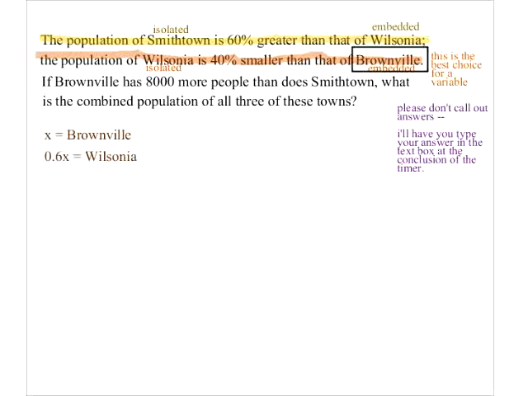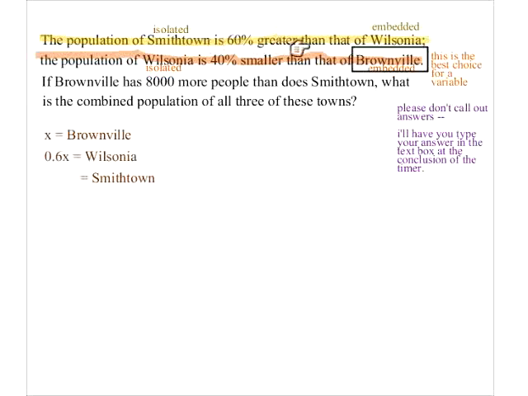So then how do you do Smithtown? Notice it's not 1.6x, because Smithtown's not 60% bigger than Brownville.